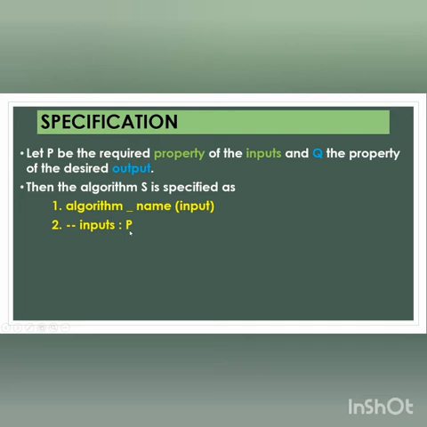Here, P is the property of the given input. And the third statement is double hyphen outputs Q. Here, the double hyphen outputs is a comment line which will be understood only by the user and will not be executed by the computer. The output property is Q. So what is a specification?